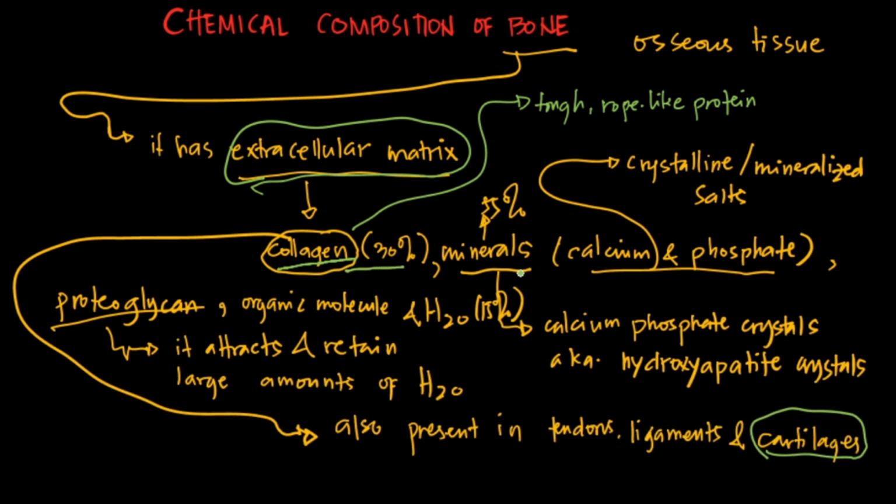And 55% of that is the minerals that consist of calcium and phosphate, also your crystalline or mineralized salts. And we have your proteoglycan and some organic molecules and even water. 15% of that constitutes water. So all in all, that is the chemical composition of your bone.